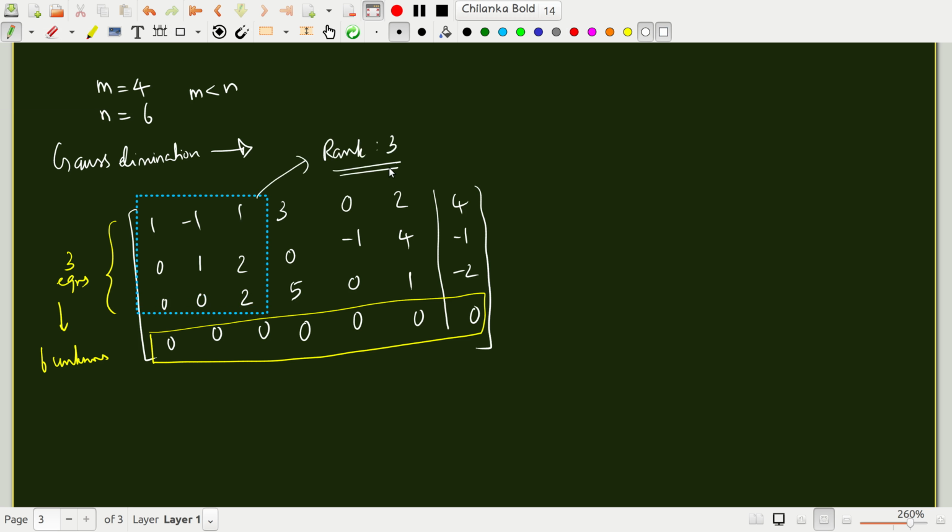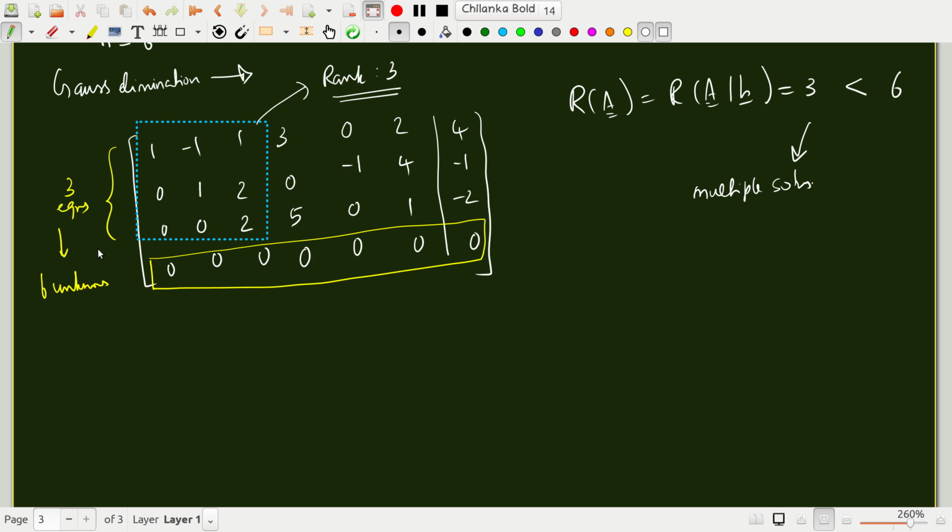So the rank of the coefficient matrix is 3. Obviously the rank of the augmented matrix is also 3, because even if you add one more vector, it cannot increase the size of the determinant. So R of A is R of AB is equal to 3, but that's less than 6. So even though there is a solution, there will be multiple solutions. Effectively, we have 3 equations for 6 unknowns.